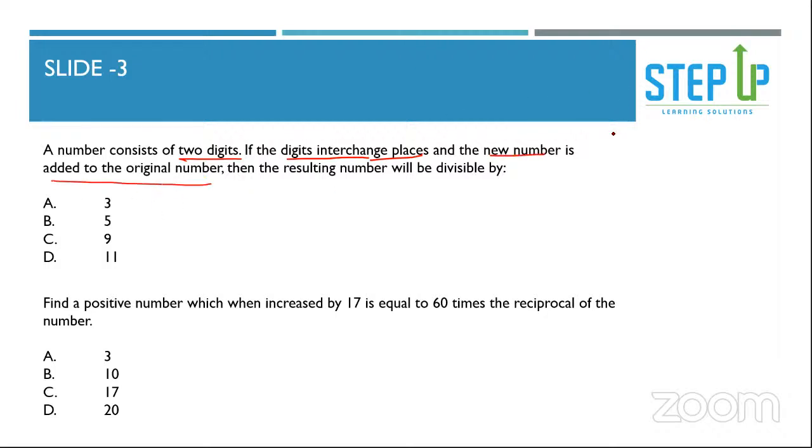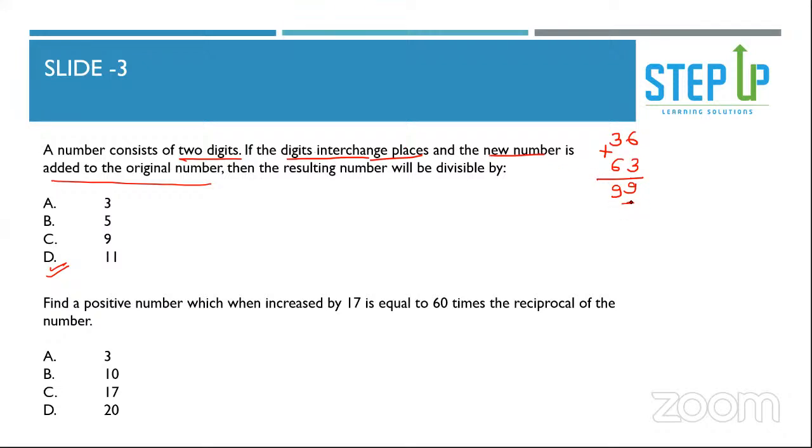So if I have taken 36 as the 2-digit number, if the digits interchange places, it becomes 63. My new number is 63, and the new number is added to the original number. Then the resulting number will always be divisible by what? Divisible by 11.